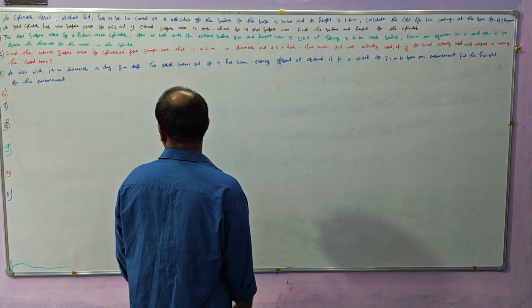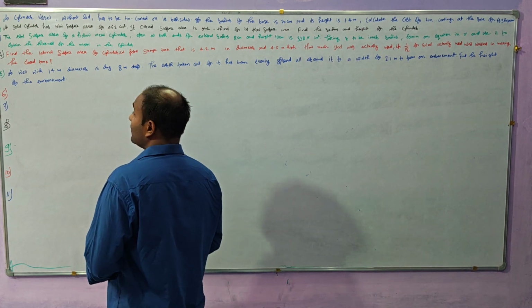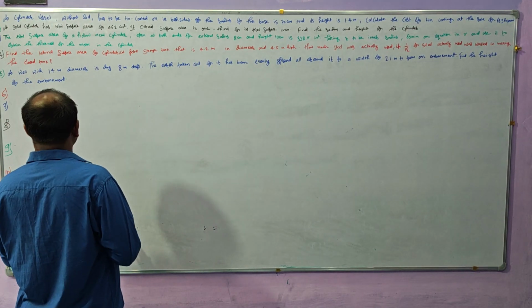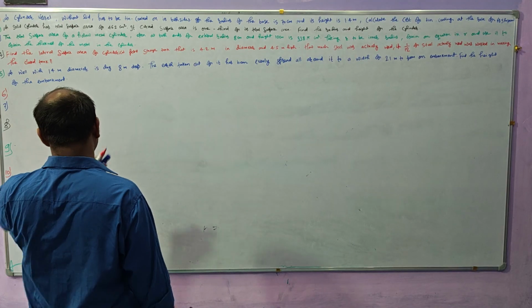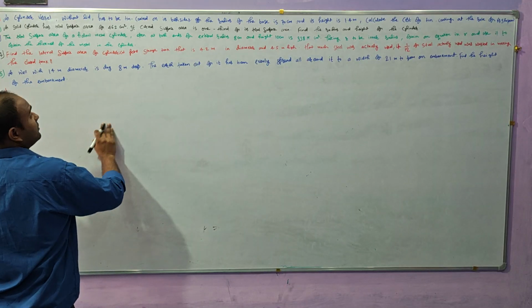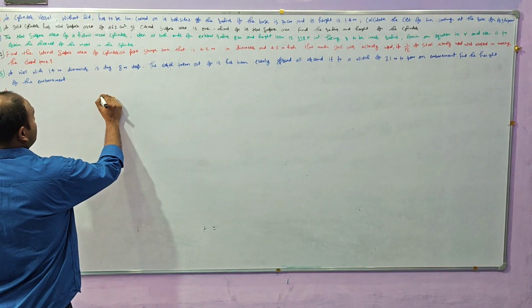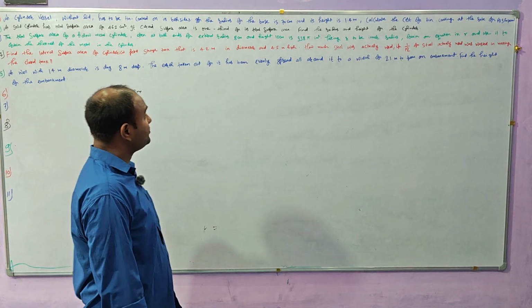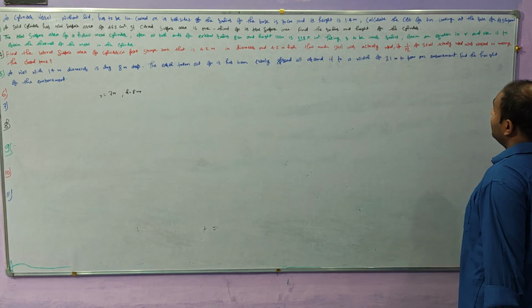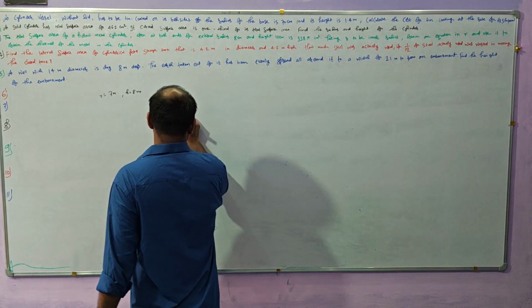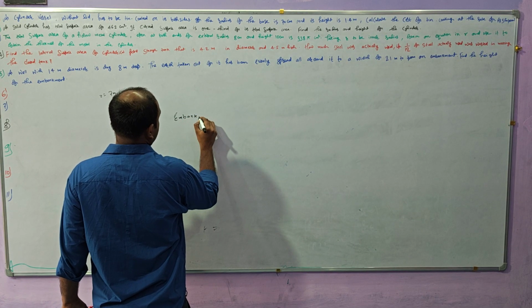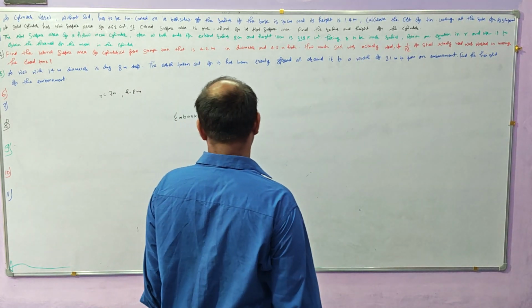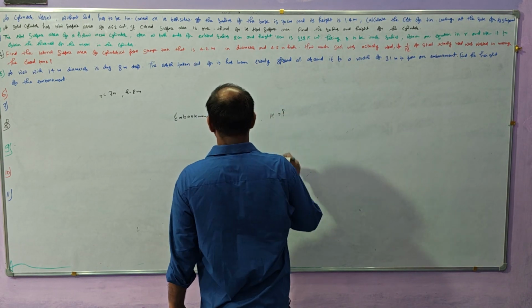So the diameter is 14, suppose r is equal to 7 meter and height is 8 meter, and the width of the embankment is 21 meter. So h is equal to what?